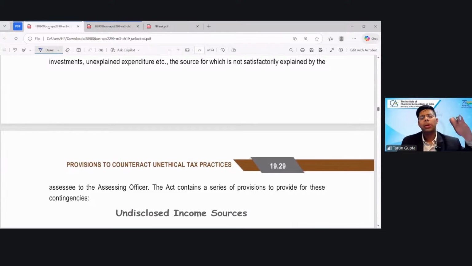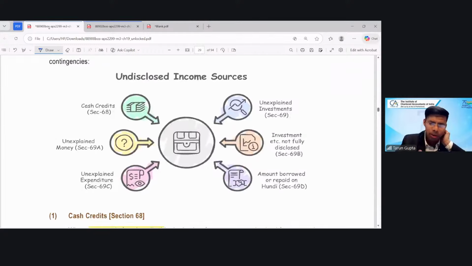So this was a complete list of penalties, and the important one being the penalty for underreported income, which we discussed in detail. Now, if you remember, there are some undisclosed income sections: 68, 69, 69A, 69B, 69C, 69D.